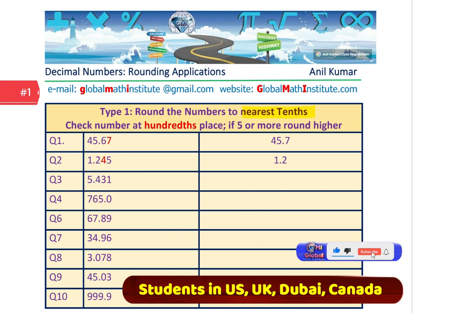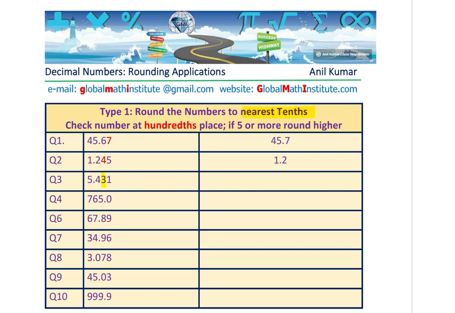I'll do one here for you. 5.431. We'll check the number which is on the hundredths place. 3. Since 3 is lower than 5, 5.4 remains same. So we'll write this as 5.4 and that is rounded to tens place. Is that clear to you?